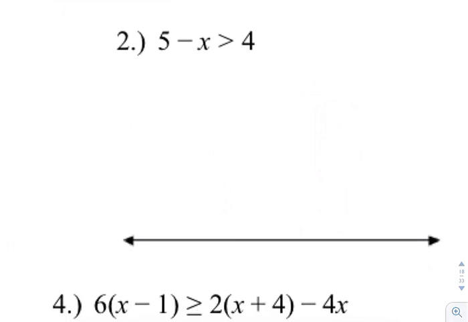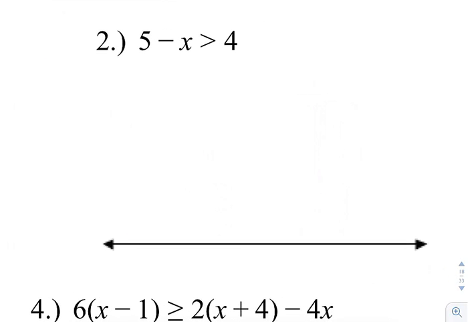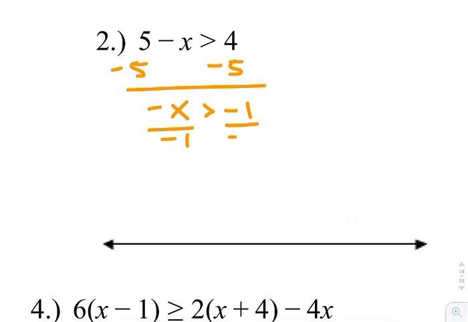5 minus x is greater than 4. So I like to keep my variables on the left-hand side. So I'm going to subtract 5. The x is still negative. We have not gotten rid of that. 4 minus 5 is negative 1. And then we need to divide both sides by negative 1.